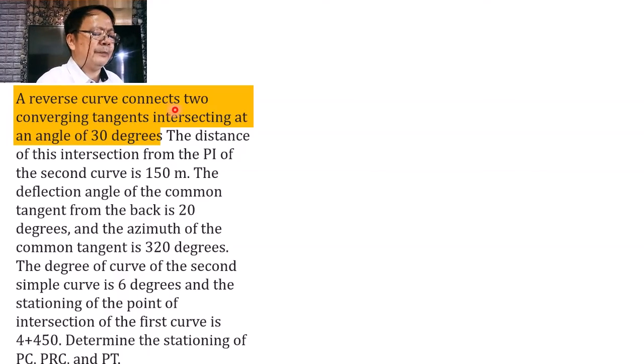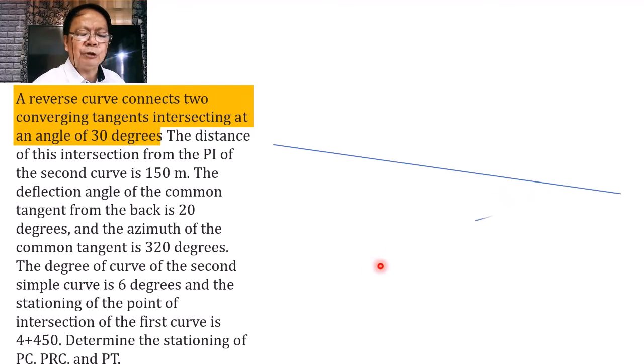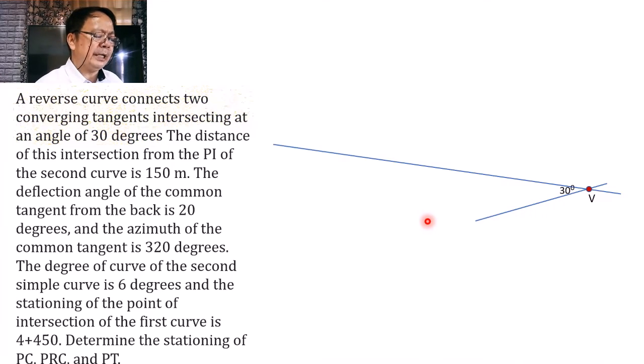There are, according to the problem, converging tangents intersecting at an angle of 30 degrees. So let us try to imagine that we have here tangents that are intersecting at an angle of 30 degrees. This angle of intersection at point B is 30 degrees. But the next given in the problem is the deflection angle of the common tangent from the back tangent, which is 20 degrees.